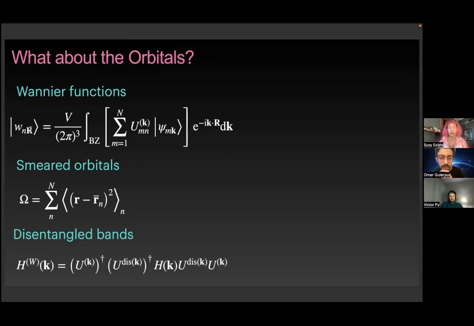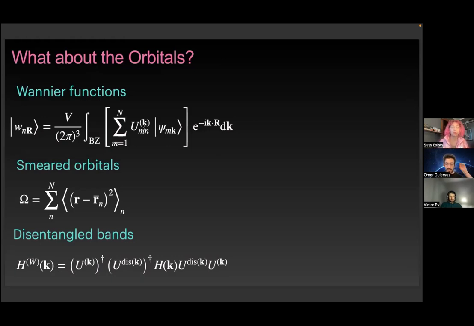Like if you have hydrogen and an s orbital, W_nR gives us the position of this s orbital in real space, basically. And with this transformation, not everything goes as we expected. These are one-to-one, but they are not unique transformations. Since unitary matrices are not unique, we cannot transform them directly.